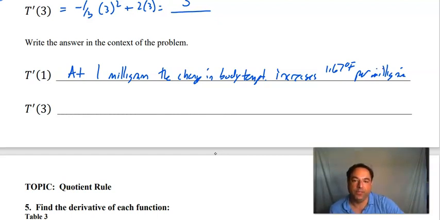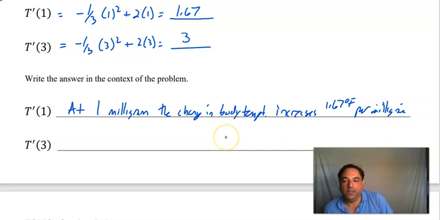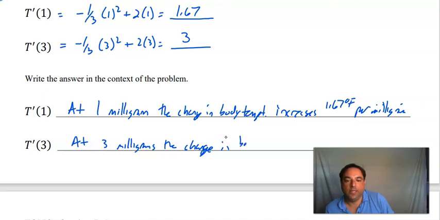And then at 3 milligrams, the change in body temperature increases 3 degrees Fahrenheit per milligram.